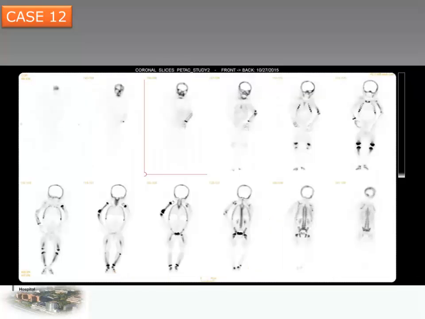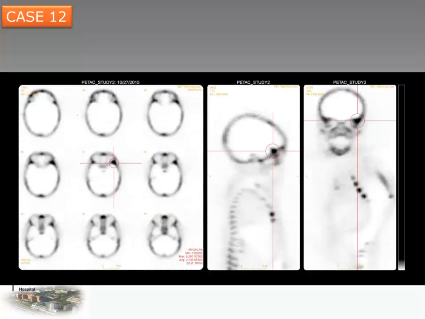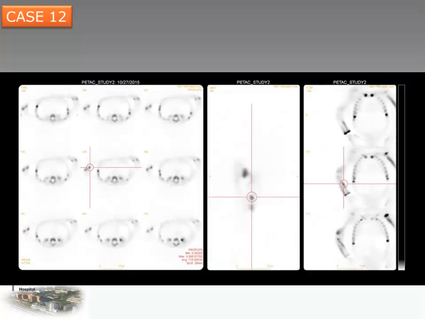Here you have the coronal images of all the body. And here you have a triangulation of the distal right humerus and the triangulation of the area around the left orbit, in which you can see very well the symmetry in the uptake of this area from one side compared to the other. And here there is a triangulation of the lesion in the middle of the right radius.